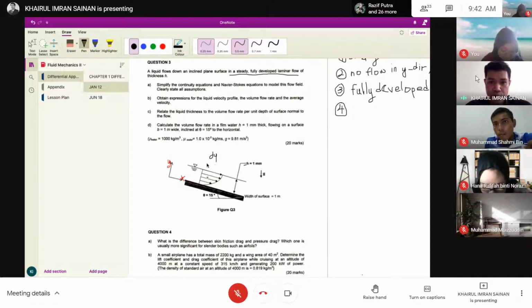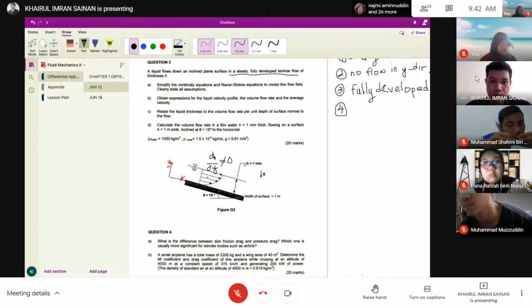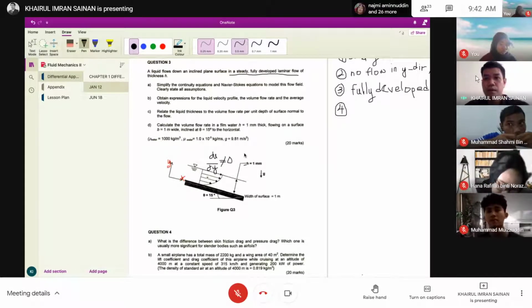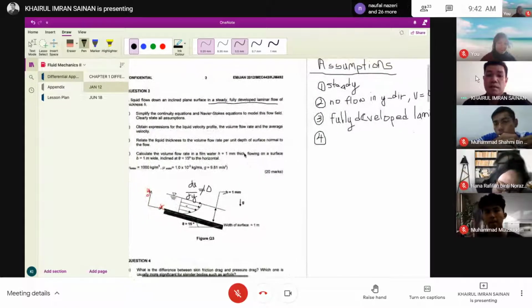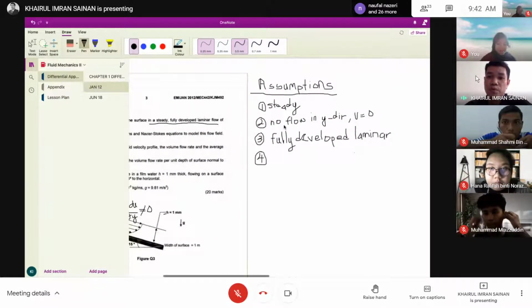Del u over del y is not equals to 0. Right. So next is assumption, steady flow, no flow in y direction, v equals to 0.